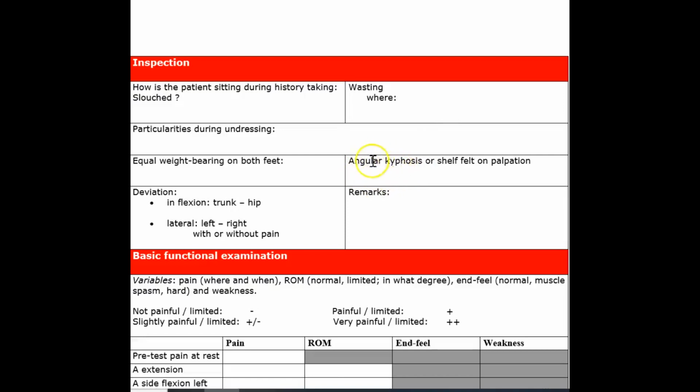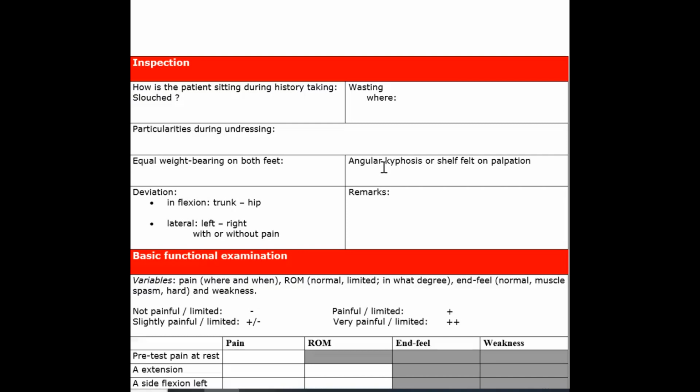Perhaps we find an angular kyphosis, and let's imagine the patient is younger and he has a lot of central back pain, not a lot of radiation of pain, and there was a trauma in the story. And then you find an angular kyphosis. Well, in that case, send the patient immediately for medical imaging, because that could be related to a fracture.